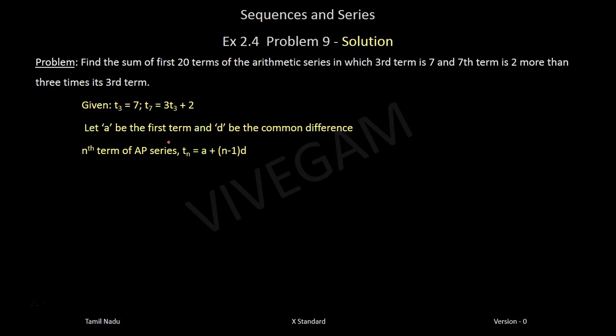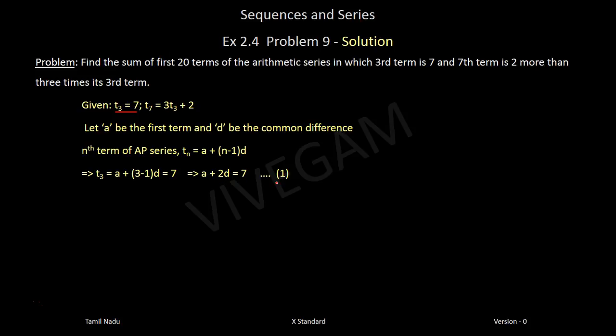So using this formula, the third term T3 will be a plus n minus 1 into d. N is 3 here, so it's 3 minus 1 into d. 3 minus 1 is 2. So a plus 2d will be equal to 7 because the third term is given as 7. So you get a plus 2d equal to 7 as the first equation.